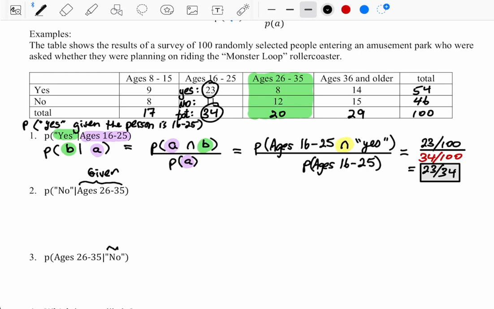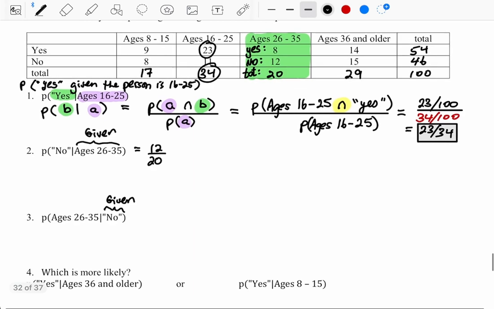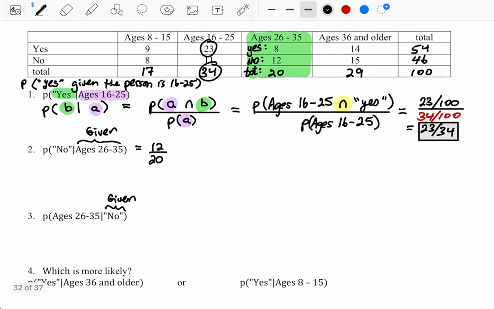Now I'll just take this stuff here and slide it on over: yes, no, total. Now I'm looking for the no's. There are 12 people who said no, out of the total for the given, which is 20. Whatever the second thing is, that's going to be your given statement.